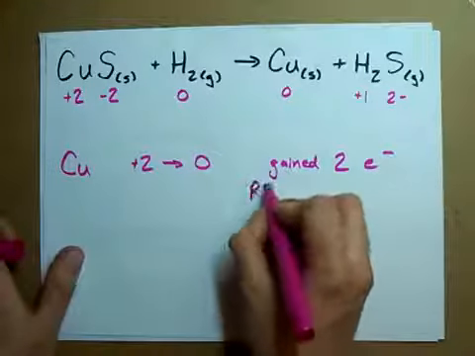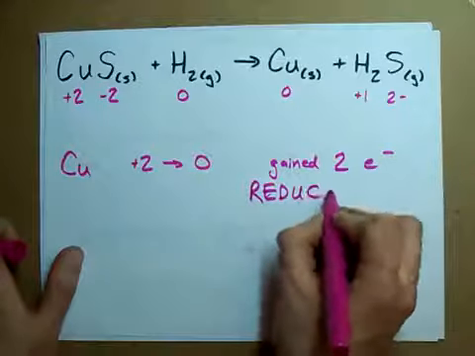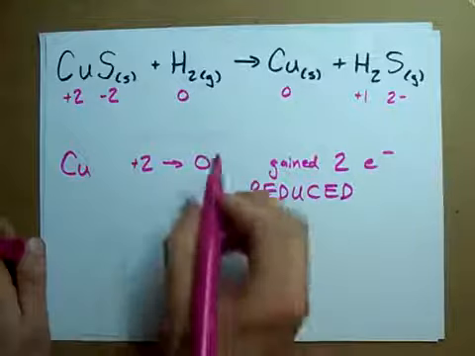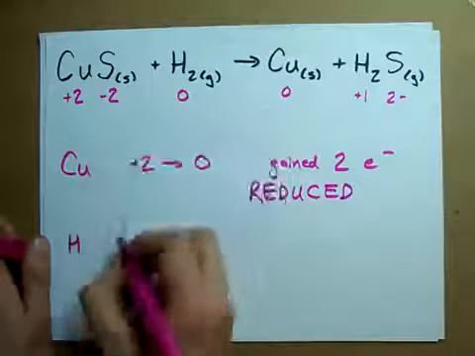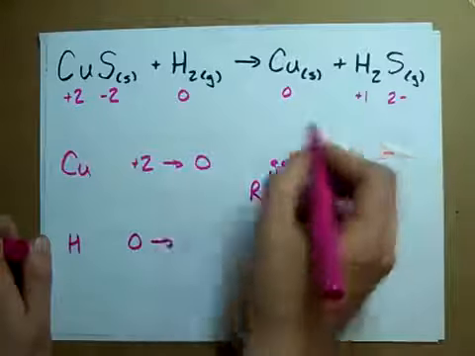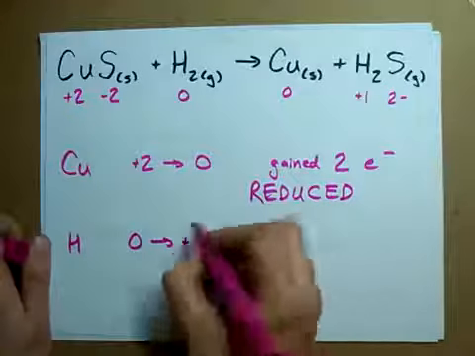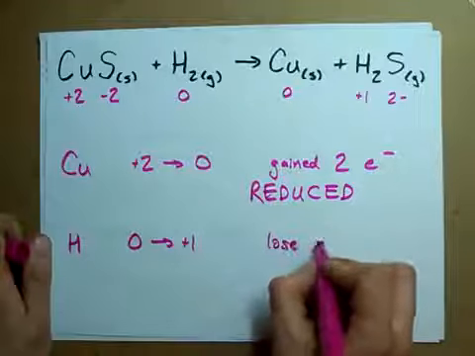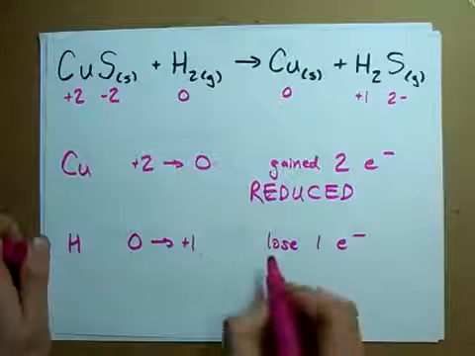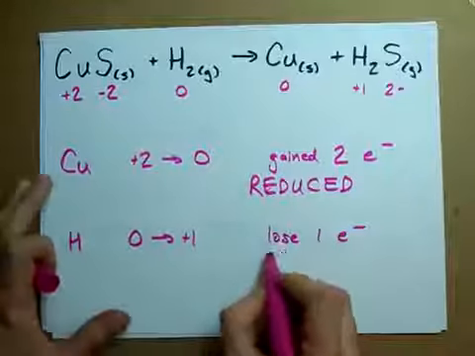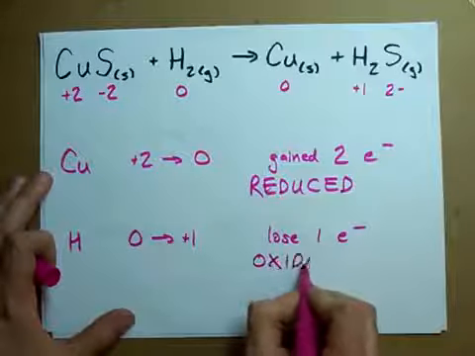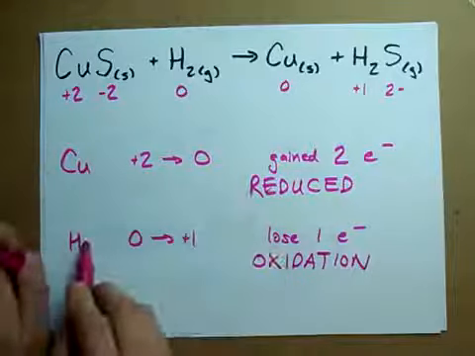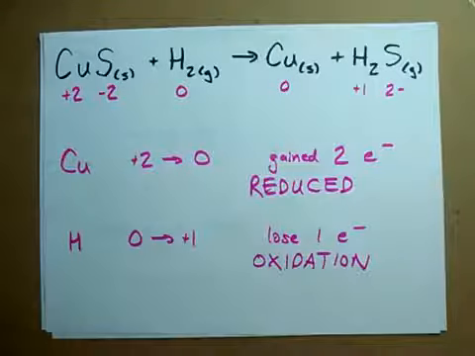Gain means that's the thing that was reduced. What else changed here? It looks like hydrogen went from a charge of 0 up to a charge of +1. To get more positive, you had to lose 1 electron. And in that case, a loss of electrons? Well, that's an oxidation. So, the copper was reduced and the hydrogen was oxidized.